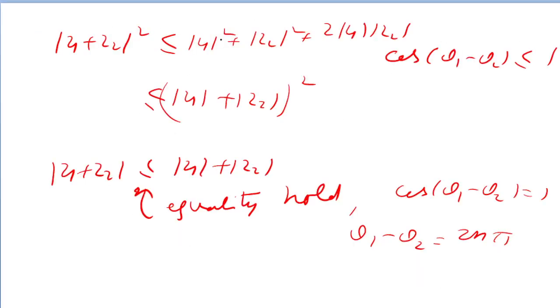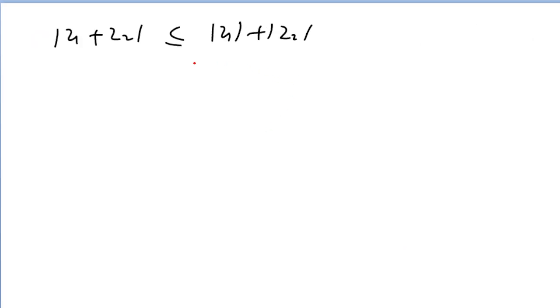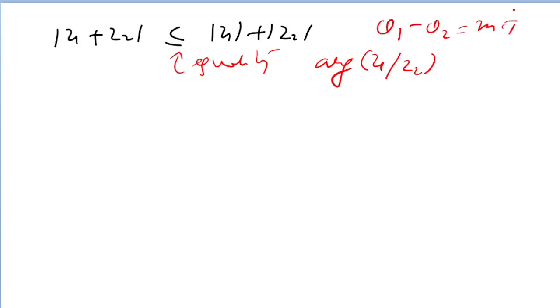For the maximum of |z1 + z2|, we have discussed that this occurs whenever theta 1 minus theta 2 is 2n pi, that is, the argument of z1 upon z2 is 2n pi. So equality holds when the argument of z1 divided by z2 is 2n pi, because theta 1 minus theta 2 is 2n pi.